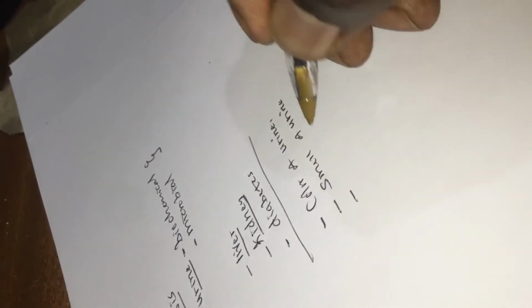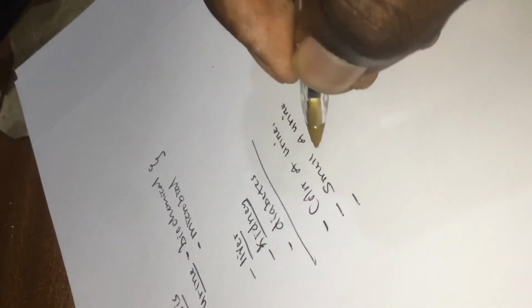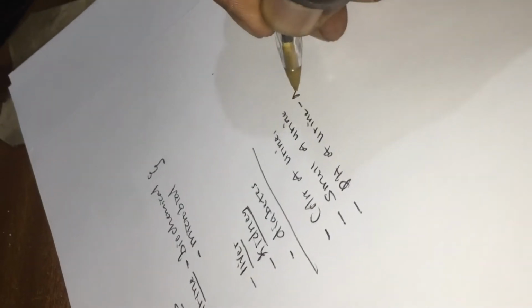Another major test is the pH of your urine. When we say the pH, here we mean the acidity or basicity of your urine. Some people say alkalinity, but here it's the same thing.